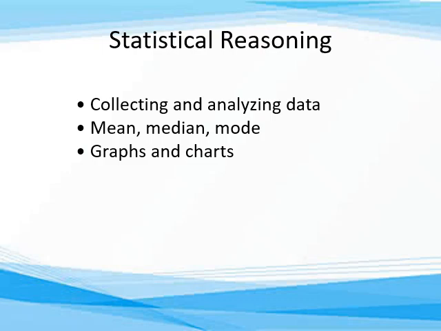This helps us to make informed decisions. For example, analyzing students' marks in a class. Thus, statistical reasoning involves collecting and analyzing data, mean, median, mode, and the analysis of graphs and charts.